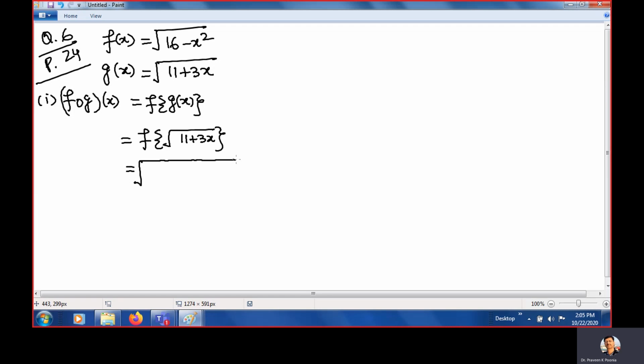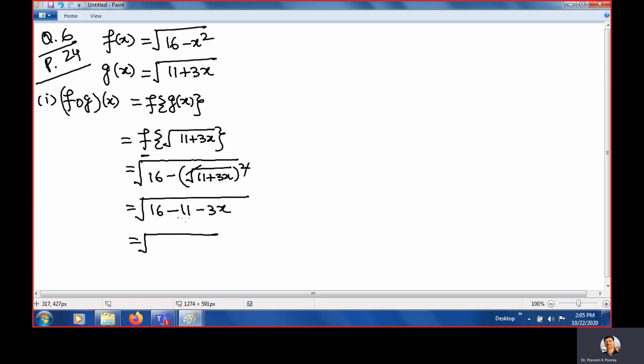It is square root of 16 minus what is written inside, 11 plus 3x whole squared. The square is cancelled by the square root, so we get 16 minus 11 minus 3x. 16 minus 11 is 5, so it is 5 minus 3x. Clear? This is issue number one.